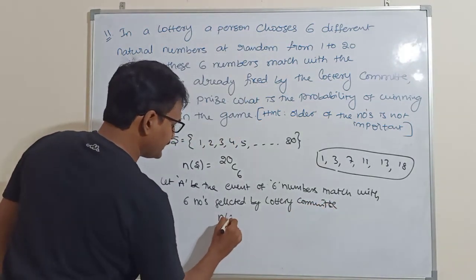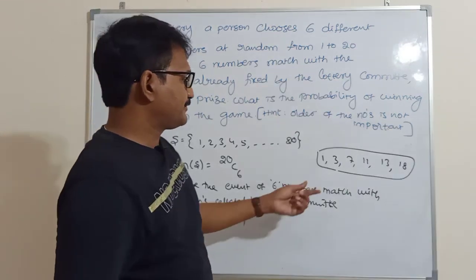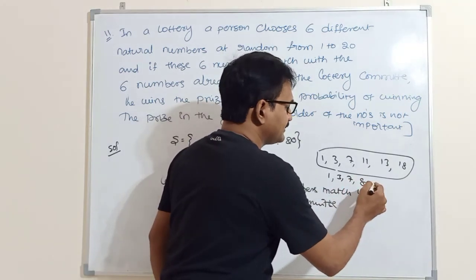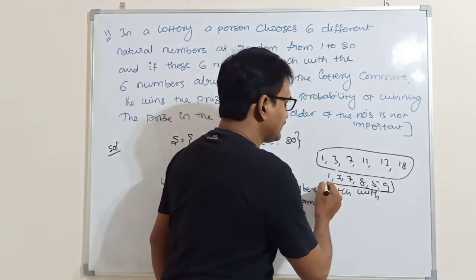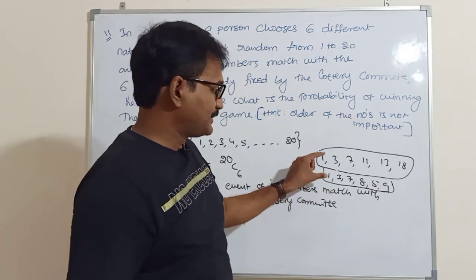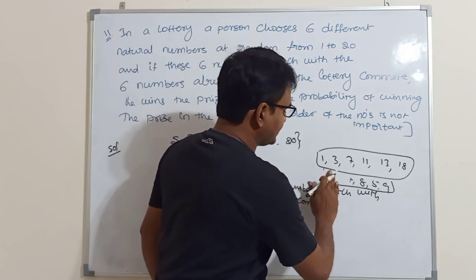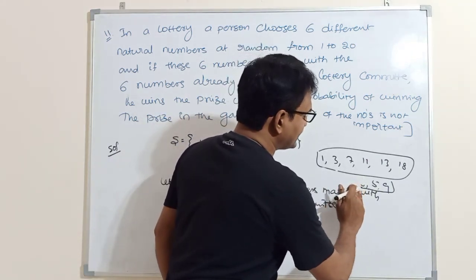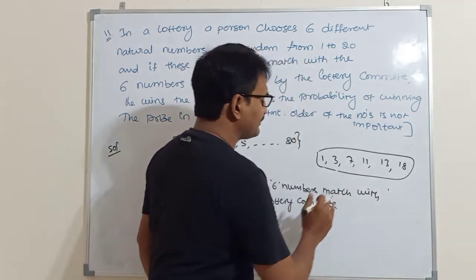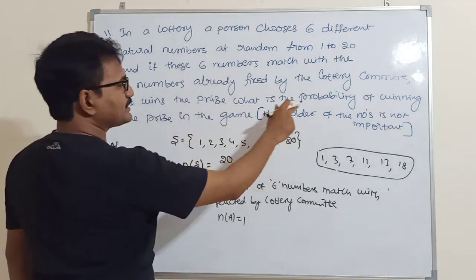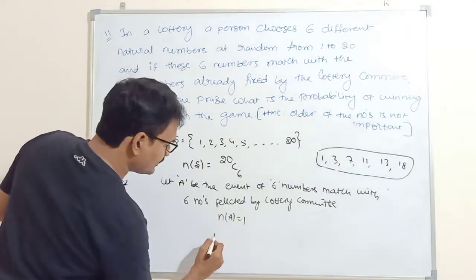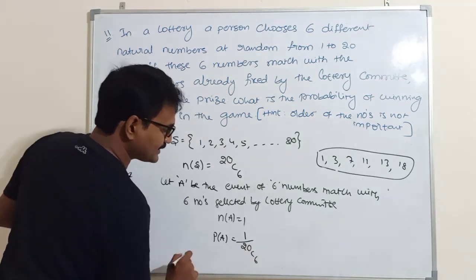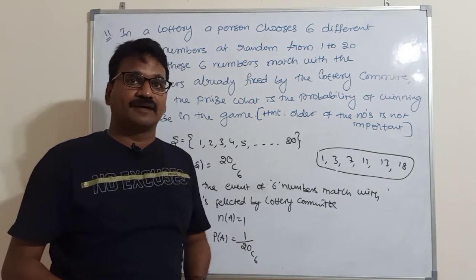Then n of A is equal to 1, because if I select these numbers and the lottery committee selected 1, 3, 7, 8, 5, 9, then these are not matched, so I will not win the prize. The matching chance is only 1. So what is the probability of winning the prize? It is 1 chance out of 20 C6, numbers matched with the lottery committee numbers.